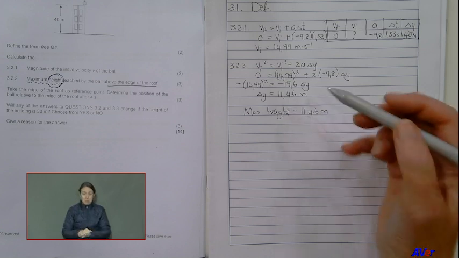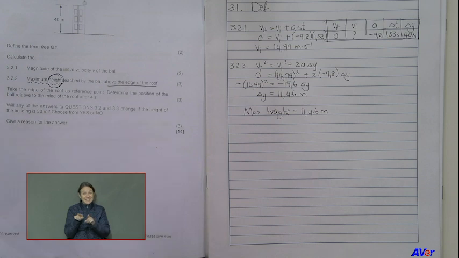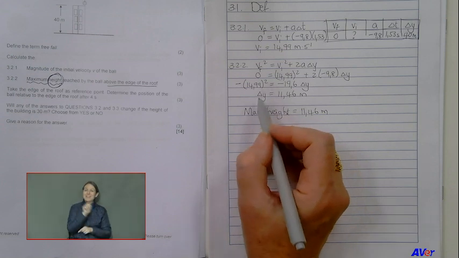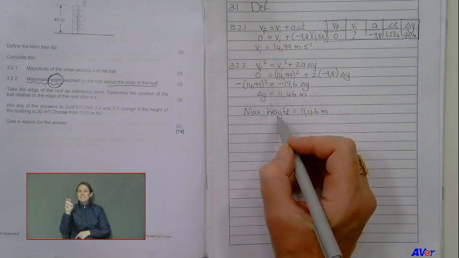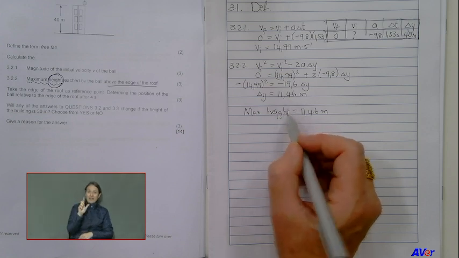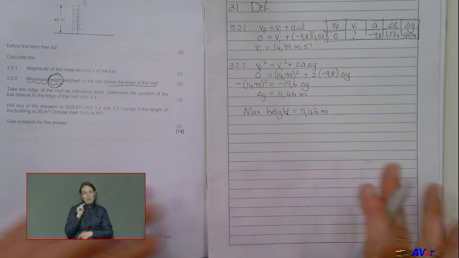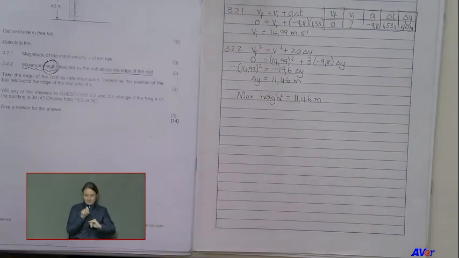In this case, it is the same value because it is in a straight line. But delta Y is a vector quantity and they ask the scalar quantity. So that is very important. You must please do that translation for us. Otherwise, you're not going to get the third mark.